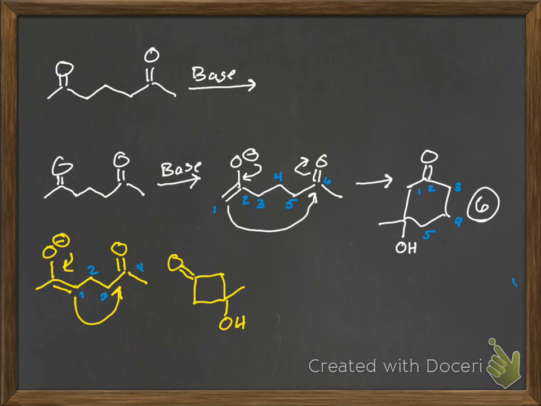And that is not going to happen. So really quick, let's go ahead and dehydrate this. And here's what we make. There's the alpha-beta unsaturated carbonyl that you can work with here.